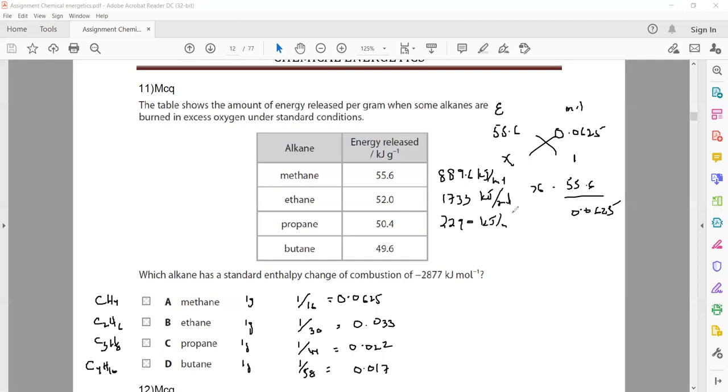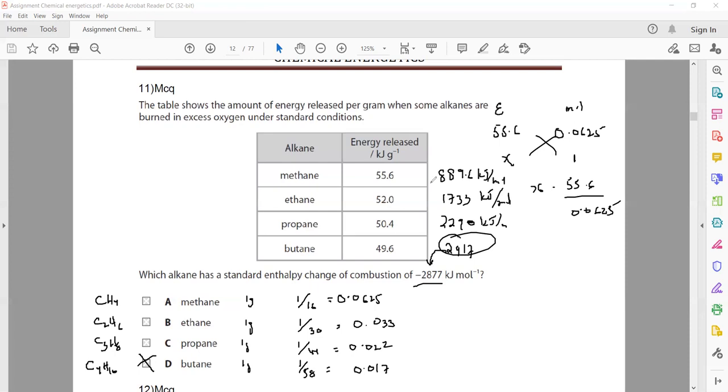And 49.6 divided by 0.017 equals 2917, which is approximately closer to minus 2877, because I did not use the complete numbers, that's why I'm not getting the exact 2877. So when we burn 1 mole of butane, it will release this much energy. So D is the right answer.